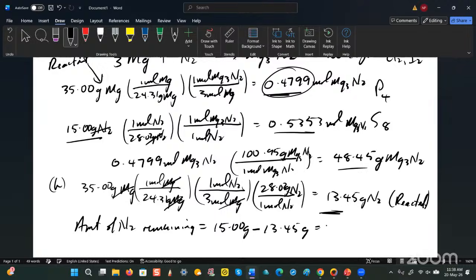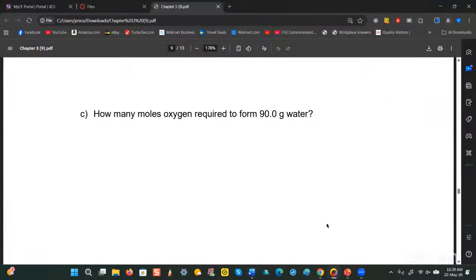The difference between 15 and 13.45, according to my calculation, is 1.55 grams. So that would be the amount of nitrogen that remains after the reaction is completed. All right? Any questions about this one? This question is very similar to one of the assignment questions. Hold on, let me see.